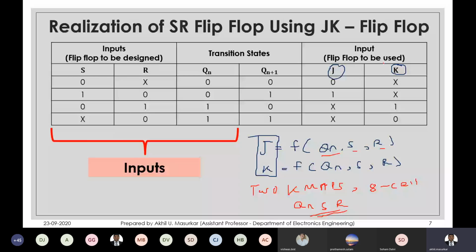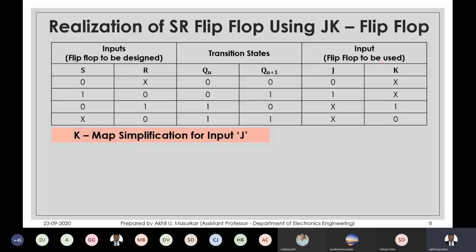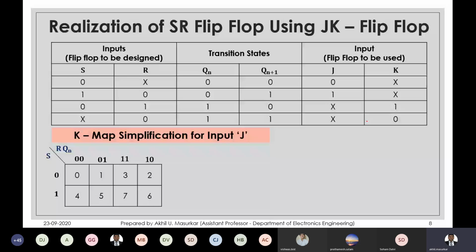So here J is 0 and 1 in two places, and otherwise it is don't care. The first input can be 0 or 1, and this can also be 0 or 1. So let's try to fill this. 0 0 0 is 0.